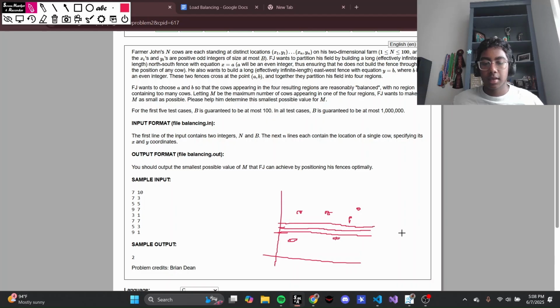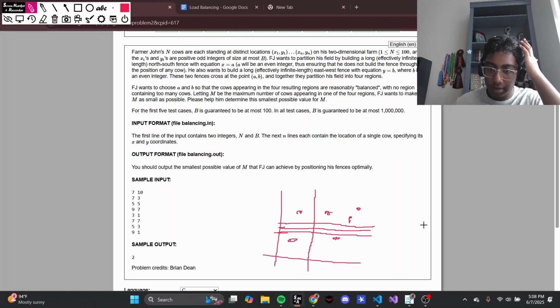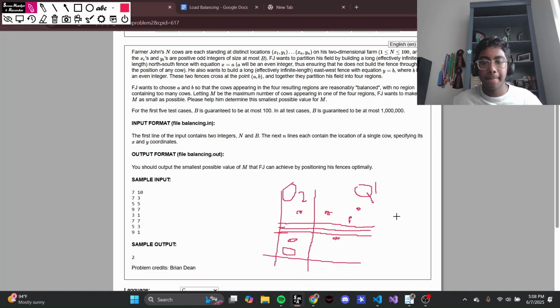You're moving the fence up and down, but it's not actually partitioning the cows differently because the cows in those groups are in the same groups. Let's say it was for this vertical fence, and you tried those 3 fence positions. It's not actually changing anything because whatever was in this quadrant stayed in that quadrant. Whatever was in this quadrant stayed in this quadrant. Same thing for the other quadrants. So it didn't actually change anything.